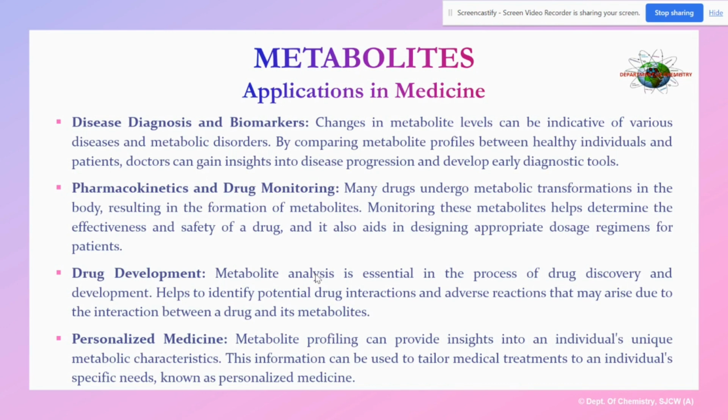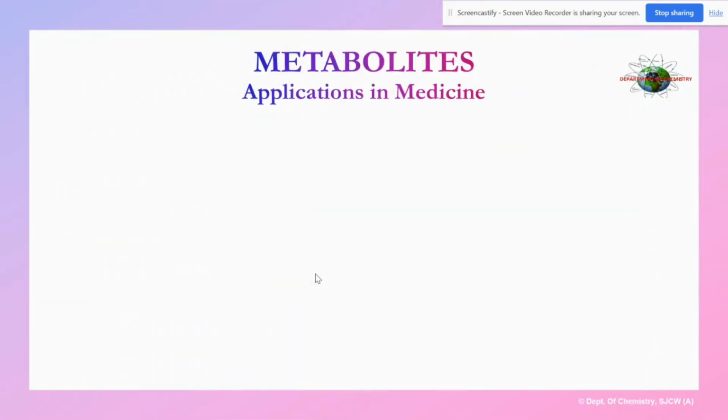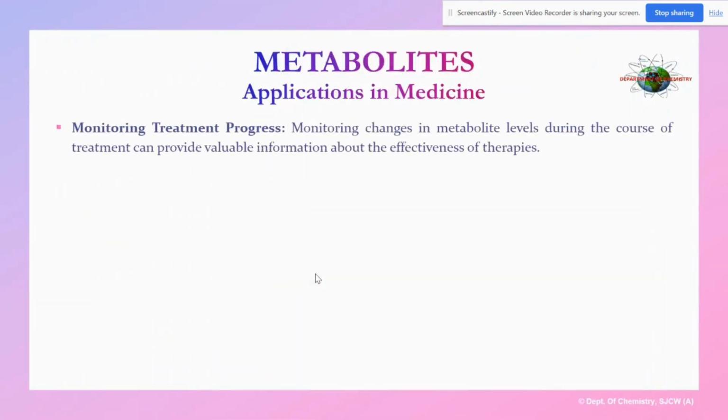So the basic applications in medical field of metabolites are in disease diagnosis and as biomarkers, for pharmacokinetic studies, for drug development, as well as personalized medicine. To continue with their applications in medicine, they are also used in monitoring treatment progress.